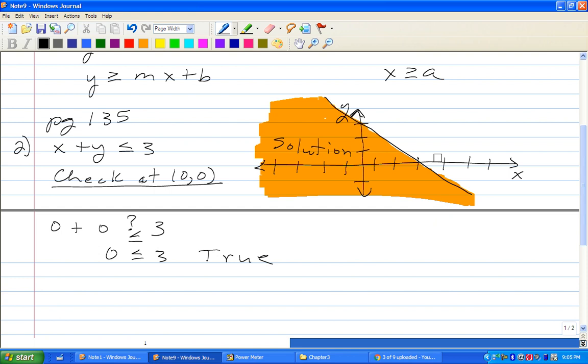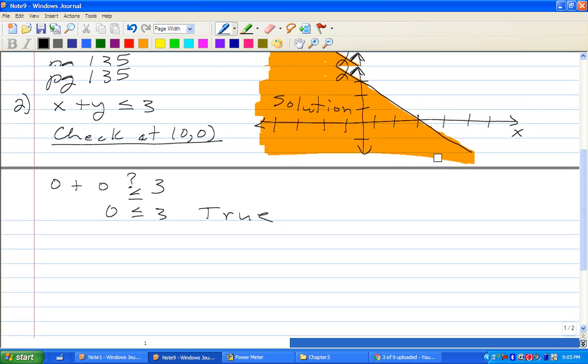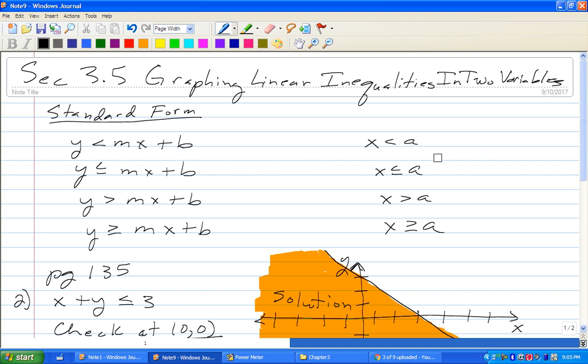Another way is, well, to note, if I have less than, it is true below. If I have greater than, it's true above.